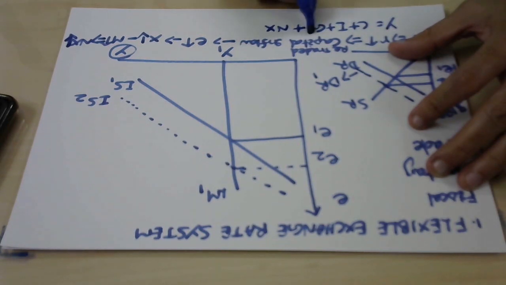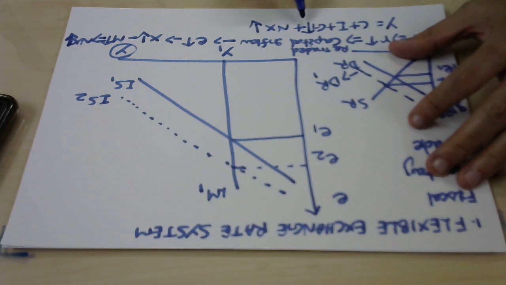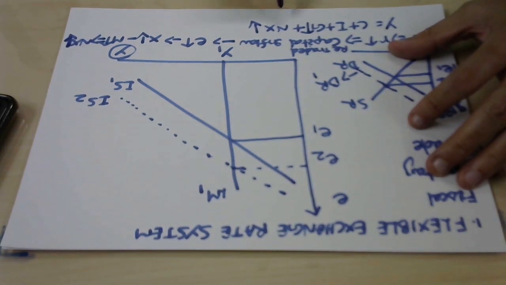The increase in G is negated by a decrease in net exports, so that Y remains unaltered.